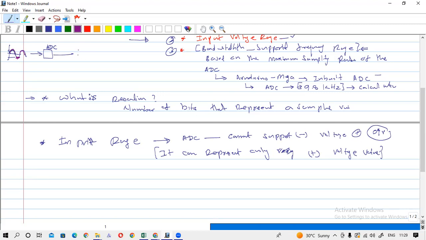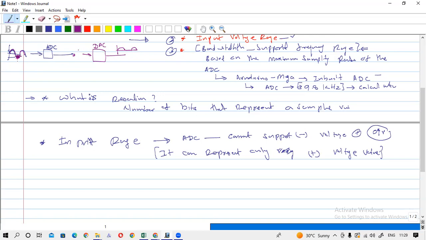If you take the sample and go through a DAC, finally you will get only this plus part like this. You will not get this other part.